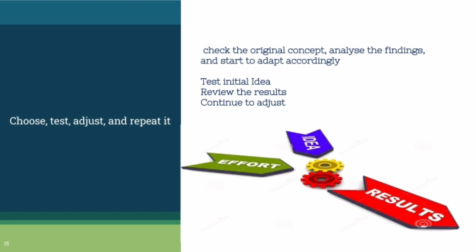Finally, like most marketing strategies, results may not align with objectives. Even after you met with customers or did all this research, the expectation will not be the same as the reality. So therefore, what do you need to do? They need to check the original concept, analyze their findings, and start to adapt accordingly.